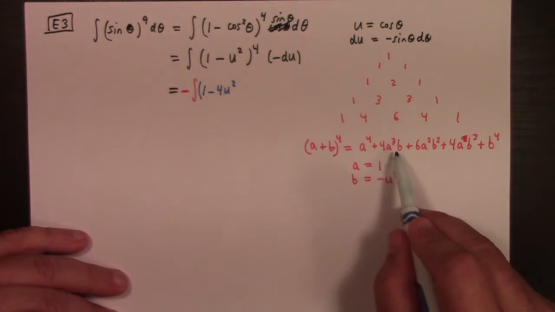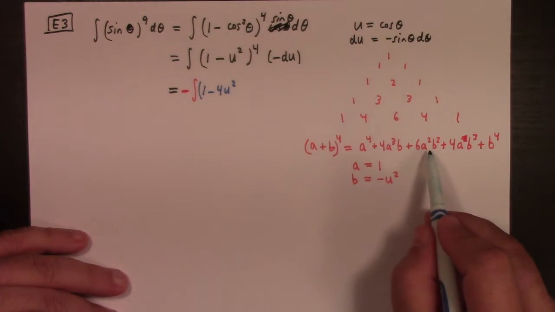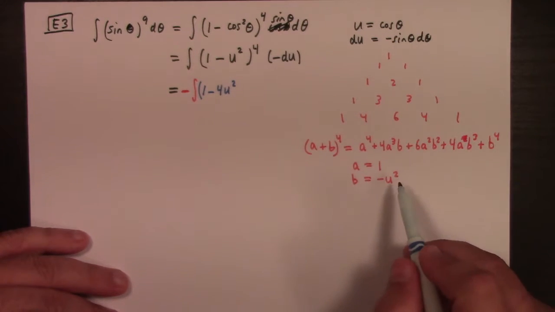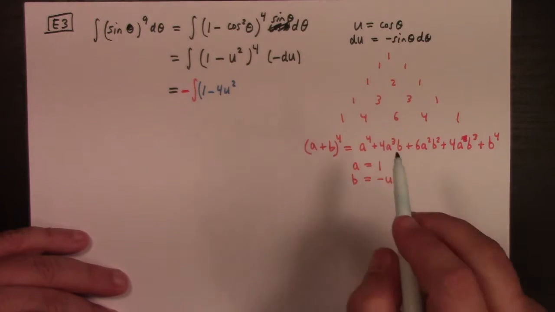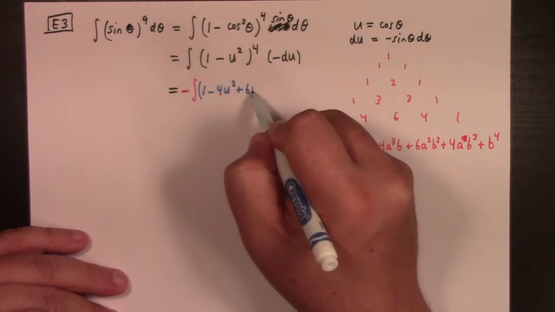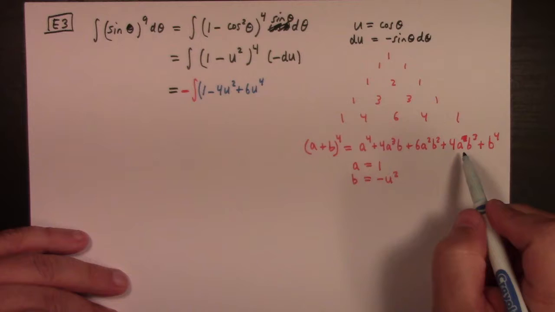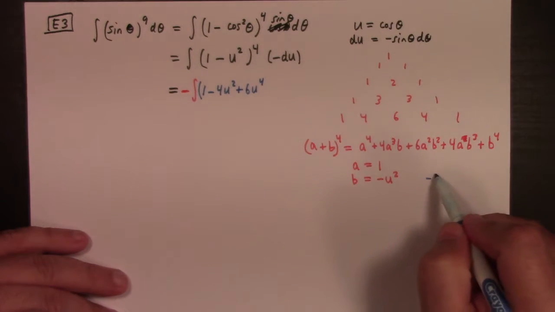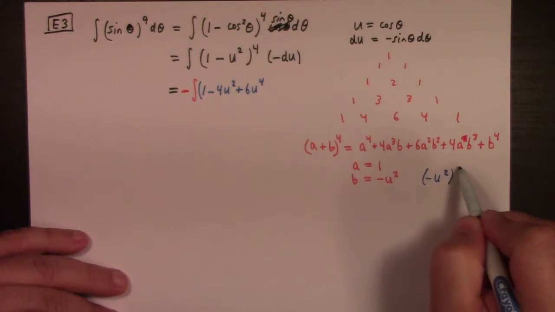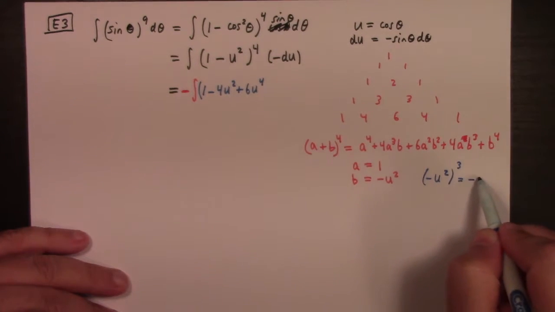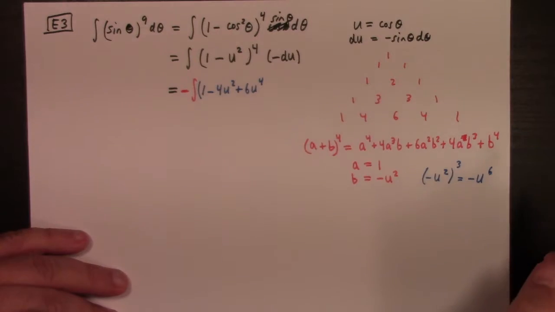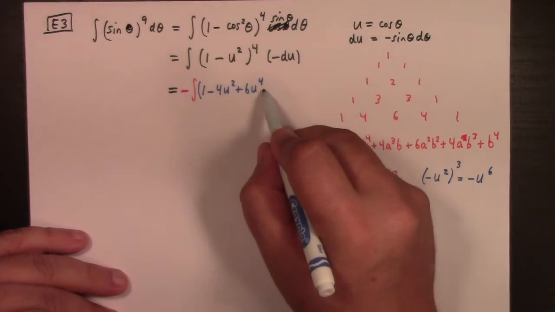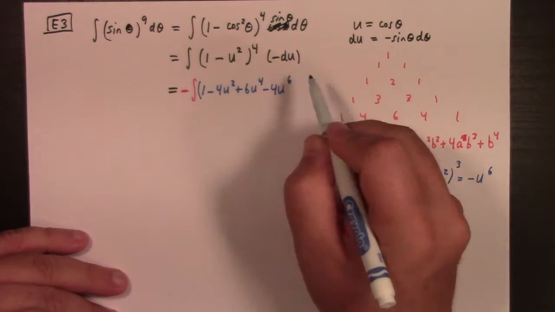That is this term. Then plus 6a squared b squared. So basically a you can ignore, so it's plus 6b squared. b squared would be u to the fourth, plus 6u to the fourth. All right, 4a b cubed, ignore the a. b cubed would be minus u squared cubed, that's minus u to the sixth power, but I have to multiply by 4, so minus 4u to the sixth power.